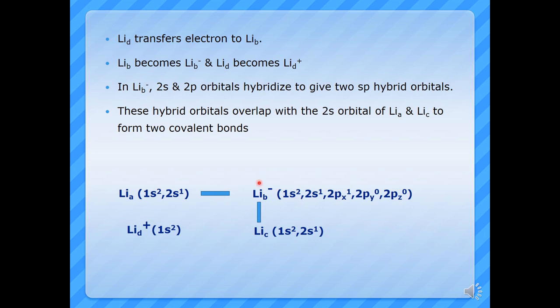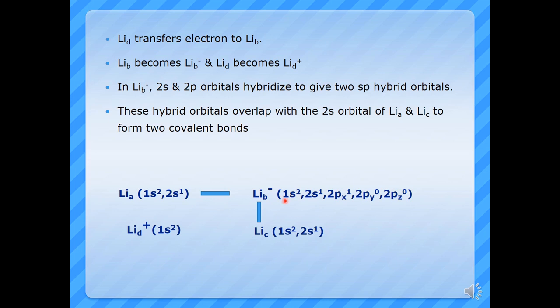Now in this Lib minus ion, there are electrons in the 2s orbital and also one of the 2p orbitals. Now this 2s orbital and 2p orbital will hybridize to give 2 sp hybrid orbitals. And these 2 sp hybrid orbitals will now overlap with the other 2 lithium atoms.